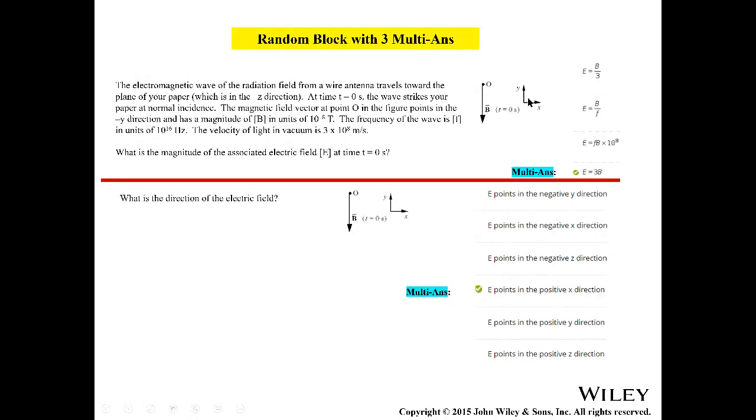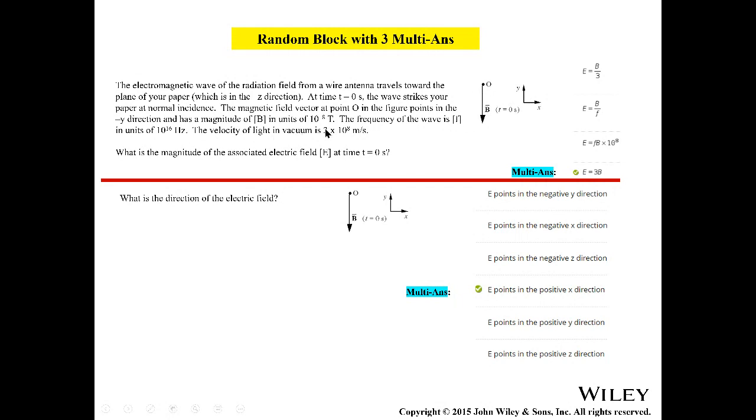We're told at time t equals 0, the wave strikes your paper at normal incidence. The magnetic field vector at point O points in the negative y direction. So it's coming down and has a certain magnitude, 10 to the minus 8 Tesla. The frequency of the wave is 10 to the 16 hertz.